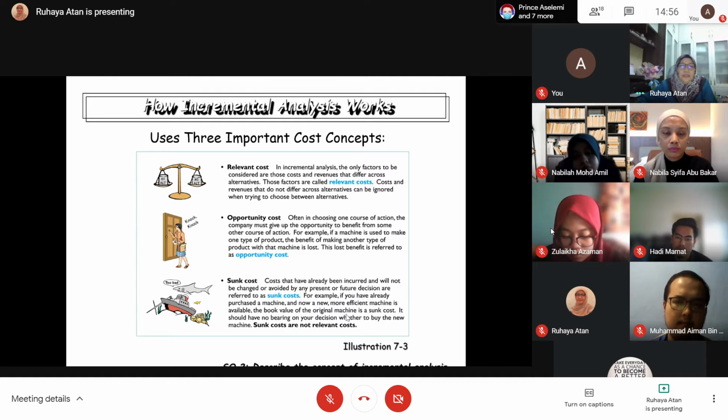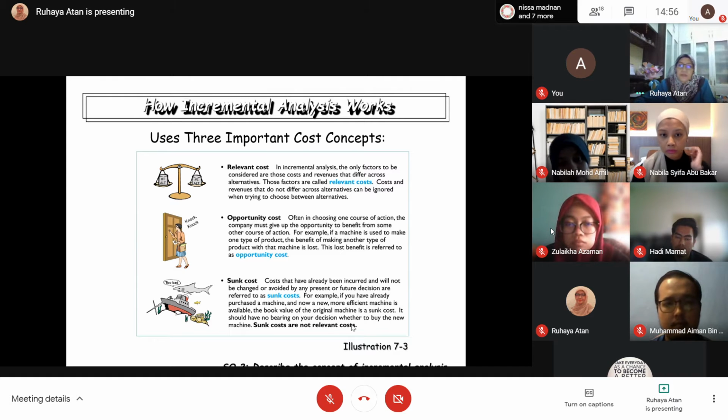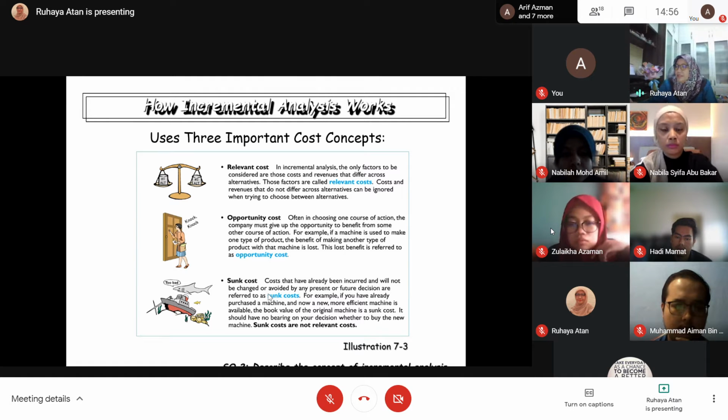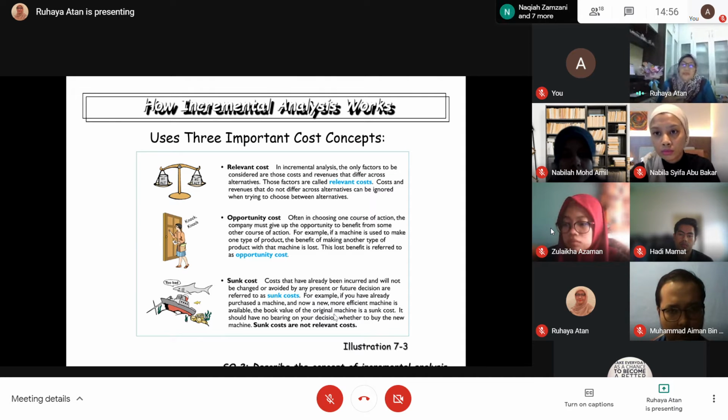And this example, if you can understand what is the meaning of book value. What the book value means: this is a new machine, how long the machine is estimated to last? 10 years. And at the end of the 10 years, there's a book value of that. So does it matter for you to make a decision now, what is the value of the machine 10 years later? Now? No. All right. The book value already takes into consideration the depreciation.